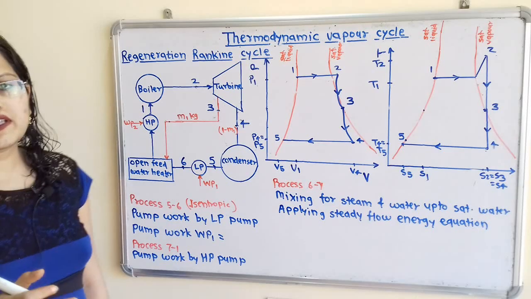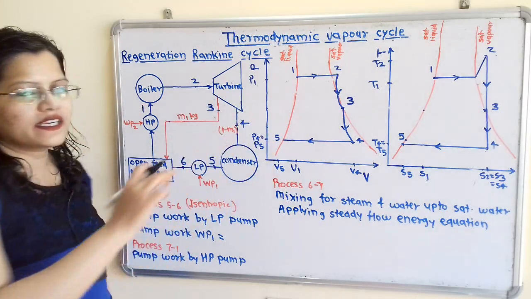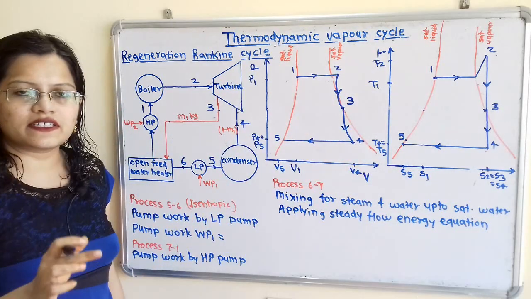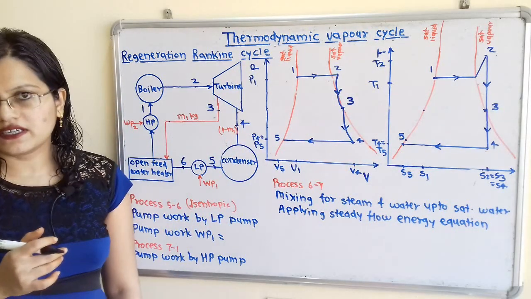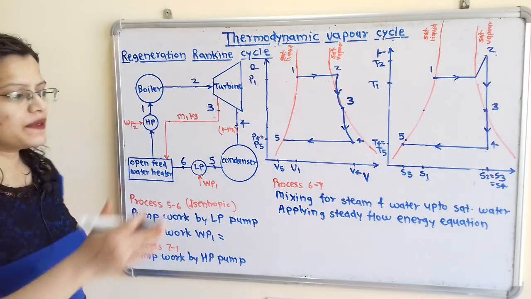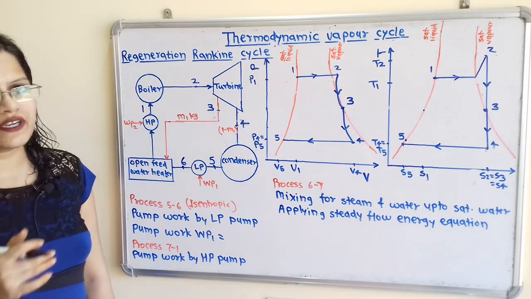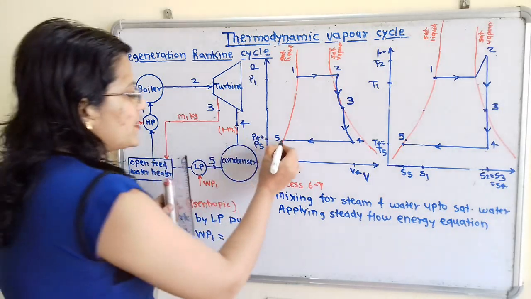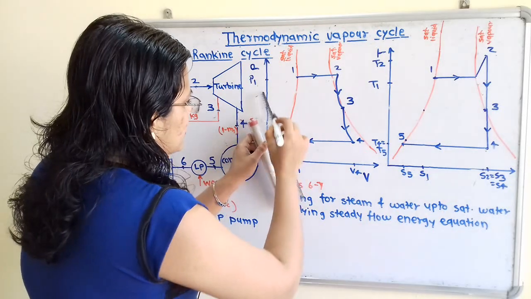So here due to work input, pressure is getting increased. So as pressure is getting increased, temperature will also get increased and volume will get decreased. And this pump work is the isentropic process. That means we have to show constant entropy. So we will show this process 5 to 6, so increase in pressure and decrease in volume.